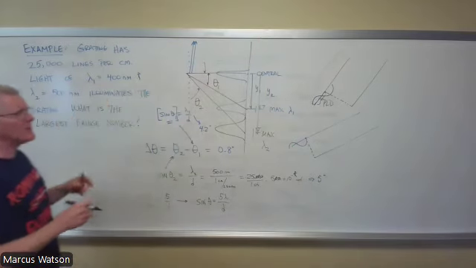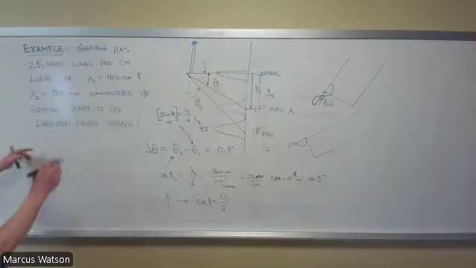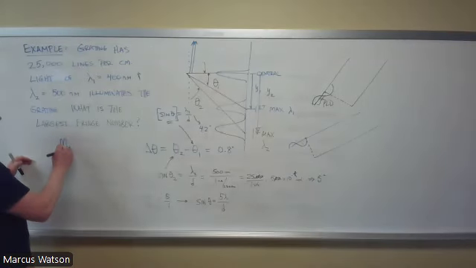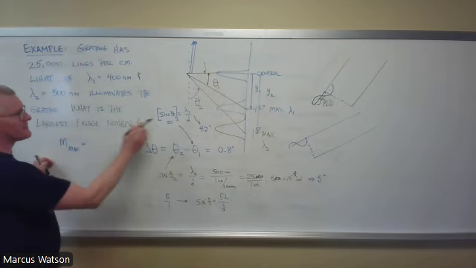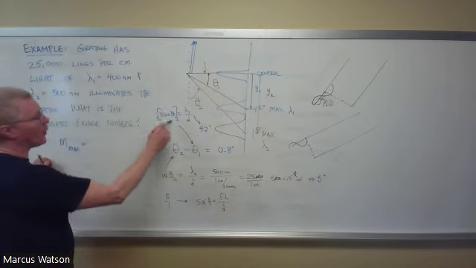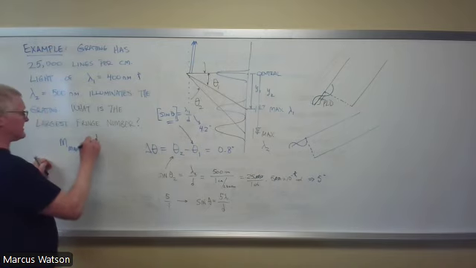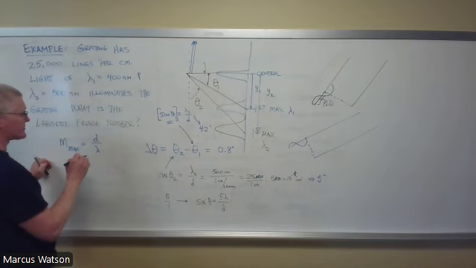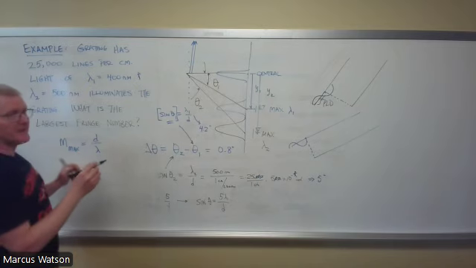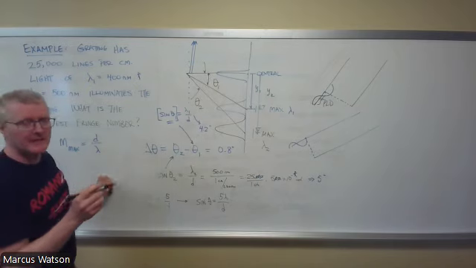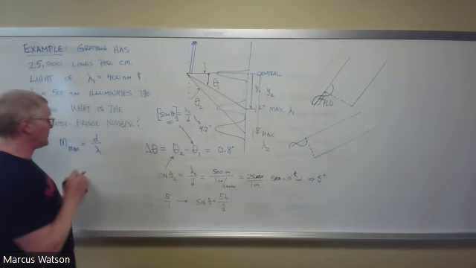So here, I'm going to say m, the maximum, is equal to sine of theta, which is going to be 1, and this is now going to be d over lambda. So if I want to find how many of the lambda 1s appear on here, I'll use lambda 1 in here.